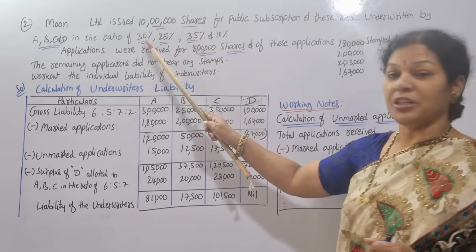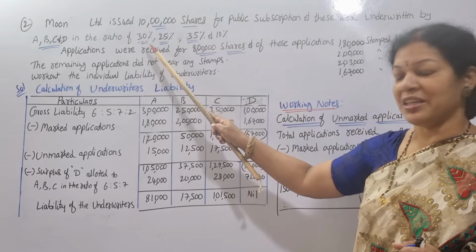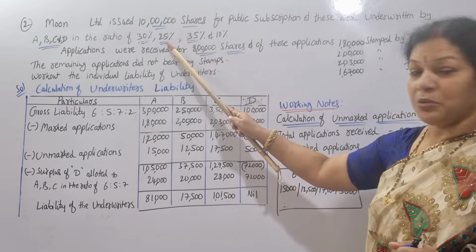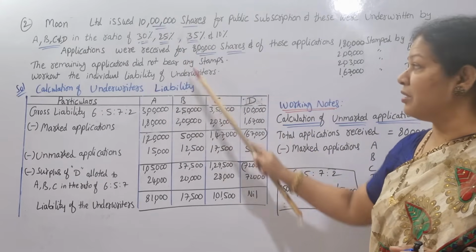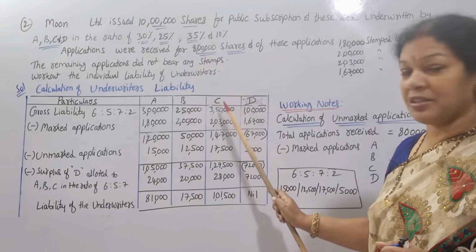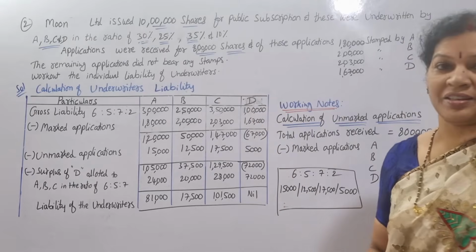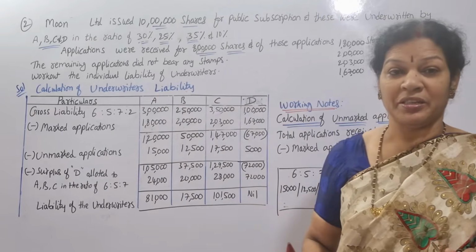So 10 lakh into 30% comes to 3 lakh. 10 lakh into 25% is 2 lakh 50,000. 10 lakh into 35% is 3 lakh 50,000. 10 lakh into 10% comes to 1 lakh. This is the gross liability.